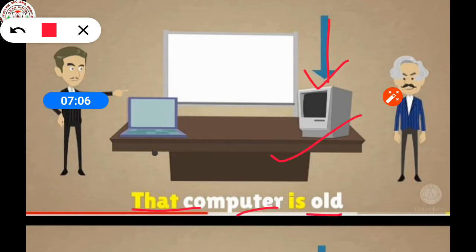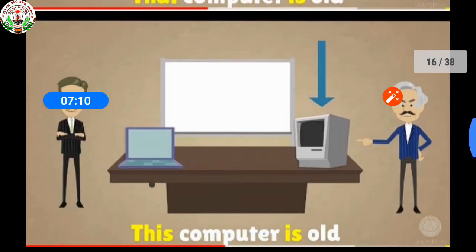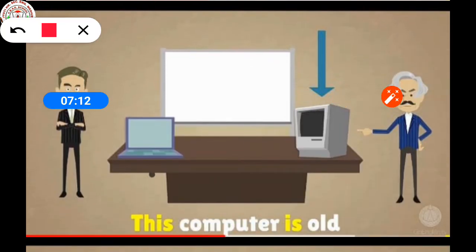That computer is old. This computer is old.